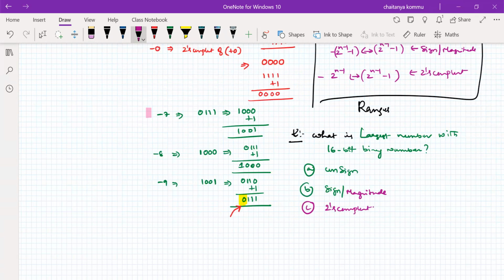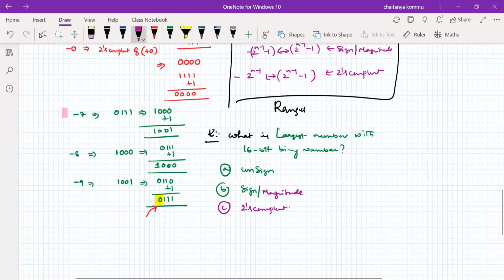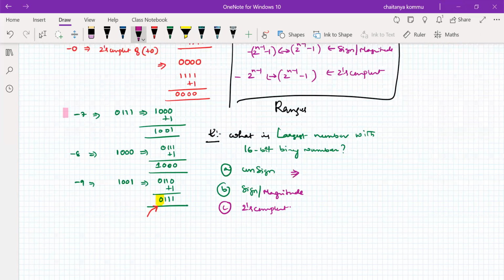Can anyone from the class solve this problem? I have 16 bits available in my hand. What is the largest number in unsigned, sign magnitude and 2's complement? What is its value? What is the maximum or largest number? Guess.